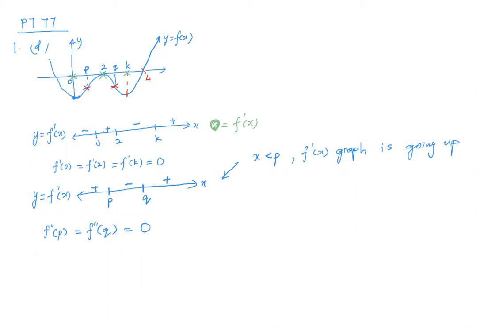But for x less than 0, f prime x graph is below the x-axis. Agree or not?